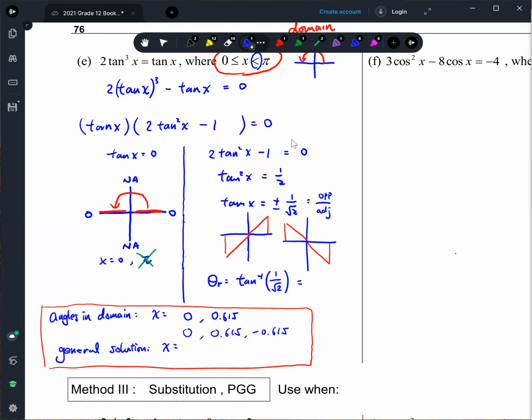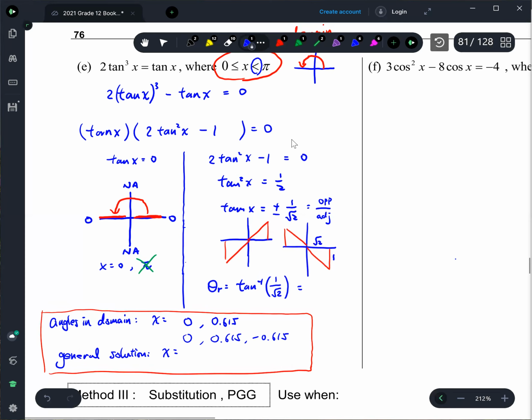The 1 is opposite, adjacent is root 2, it's not 1. This is not a 45-degree angle. This is 63.43. In radian, can you change the calculator to radian? The domain is radian. We need everything in radian.